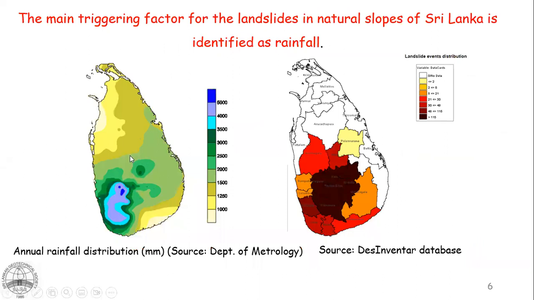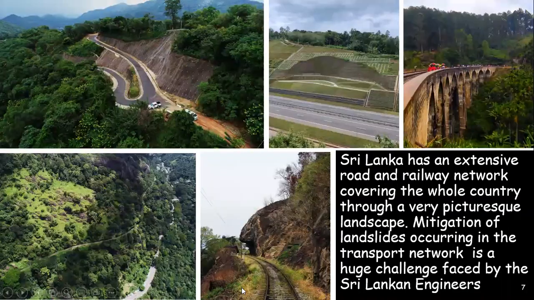This is the rainfall record compared with the landslide occurrences. Landslides are occurring in the areas of high rainfall, as illustrated here. In Sri Lanka, we have high elevation differences, changing from near mean sea level to about 3,000 to 4,000 meters above mean sea level over a comparatively short distance.